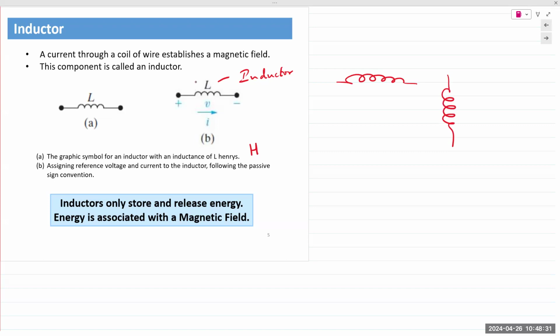Okay. And like a resistor, an inductor is also a passive component. Capacitor is also a passive component. So it follows the passive sign convention or the passive reference configuration.